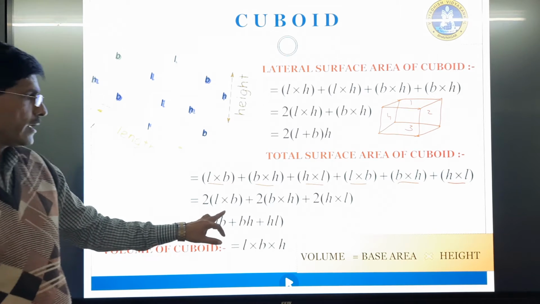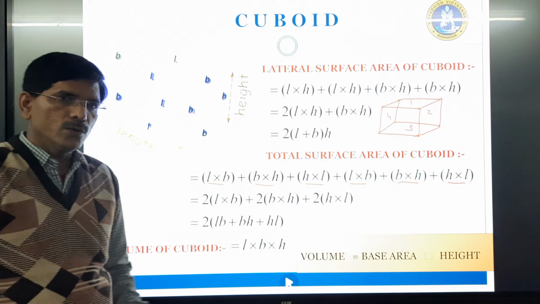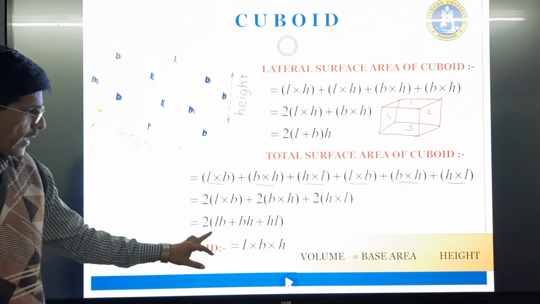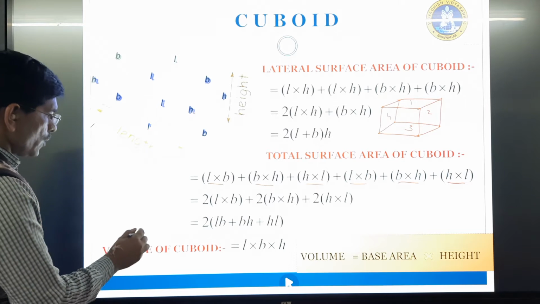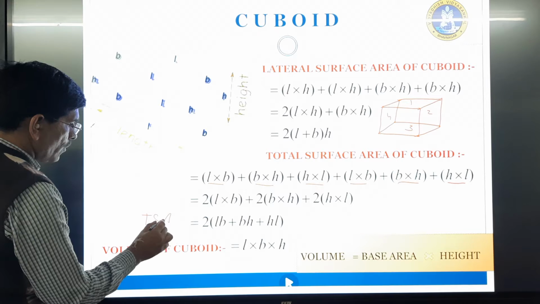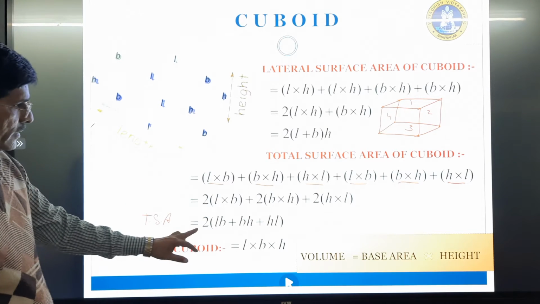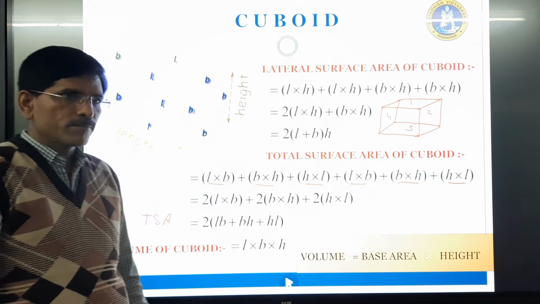So 2 LB plus 2 BH plus 2 HL. 2 is common, so 2 into LB plus BH plus HL. That is the total surface area of a cuboid.